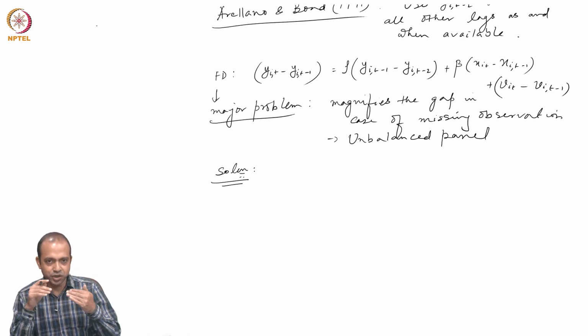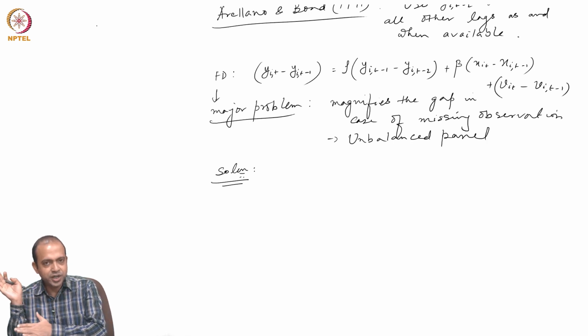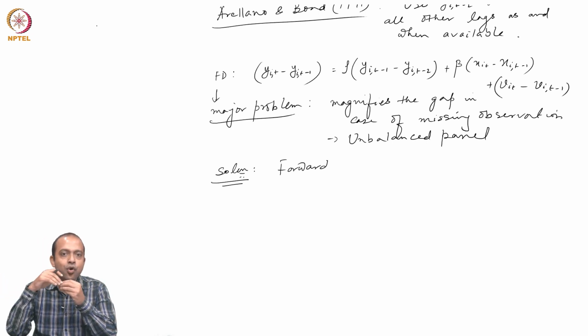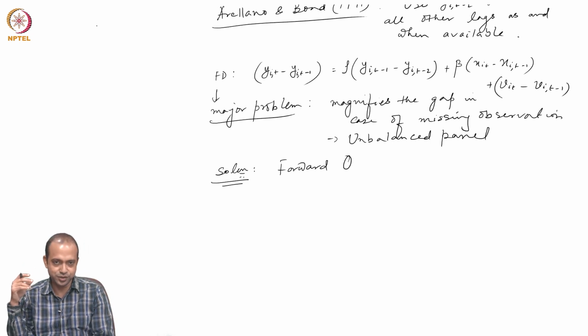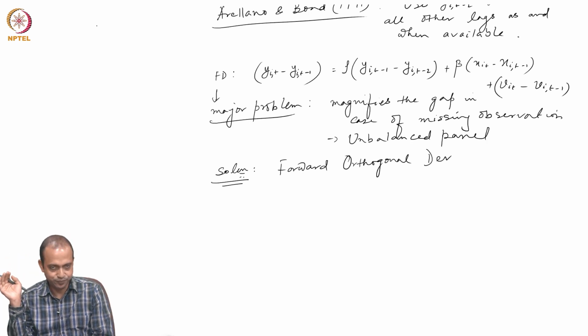What it does actually, instead of subtracting yit-1 from yit, it subtracts the average of all available future observations of yit.